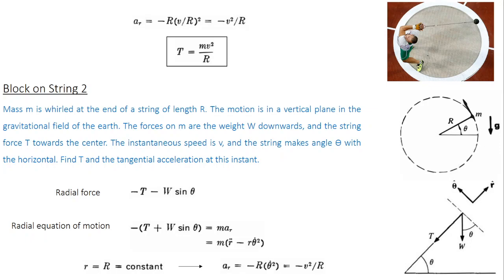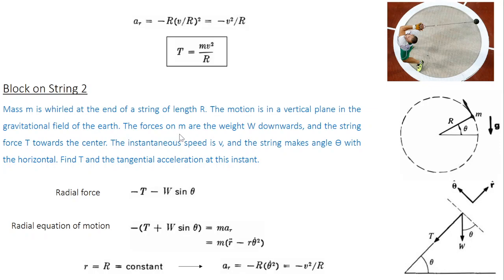So this is a simple example where we had only the radial acceleration. Let's move on to another example where we have both radial and tangential components for acceleration. So imagine that you have a block of mass m rotated at the end of a string of length r. The motion is in a vertical plane in the gravitational field of Earth.